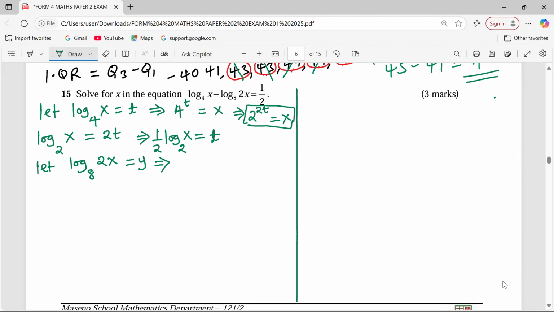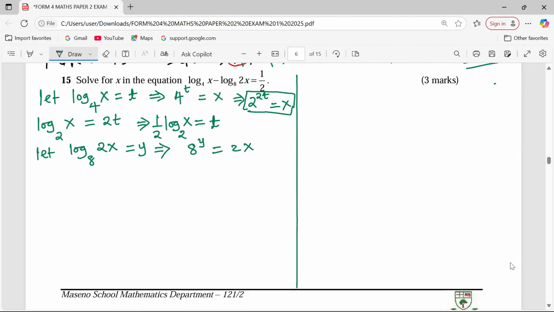And from this, we can say that 8 power y equals 2x. And if this is so, then we can further express 2 power 3y instead of 8. 2 power 3y equals 2x. With this, we can rewrite back to logs, whereby the logarithm to base 2 of 2x equals 3y.